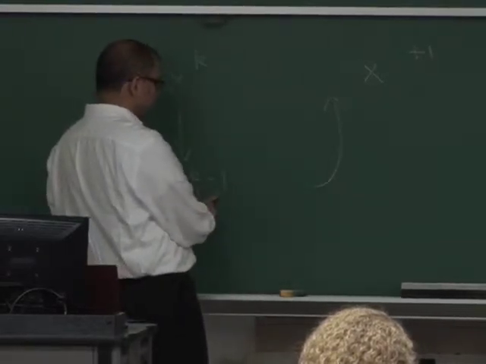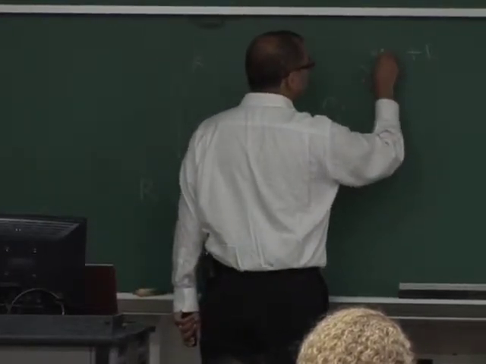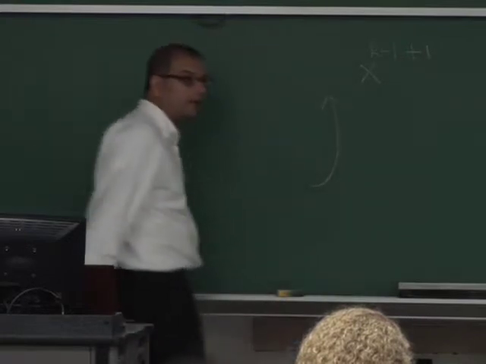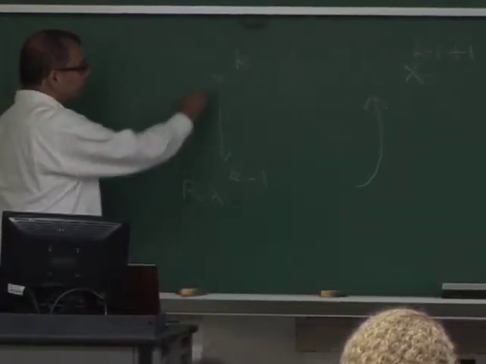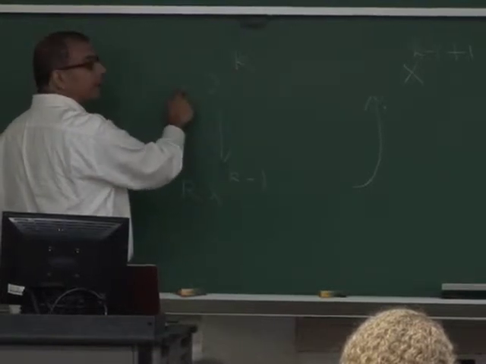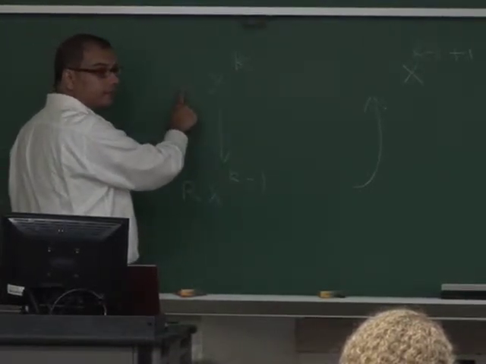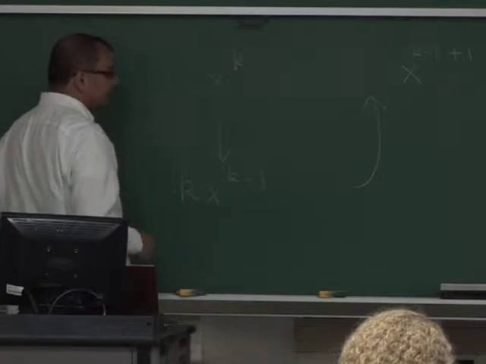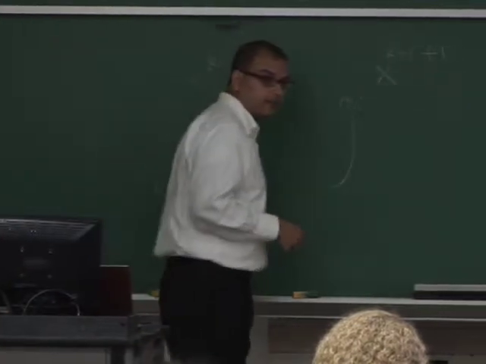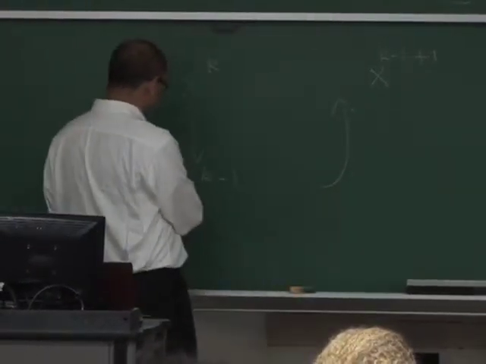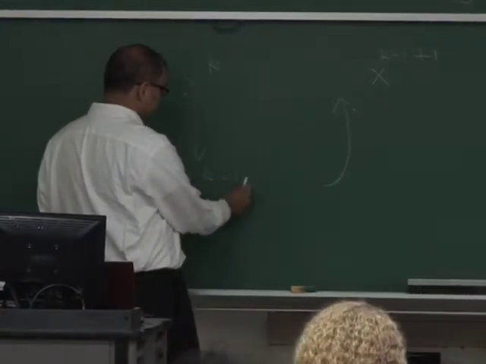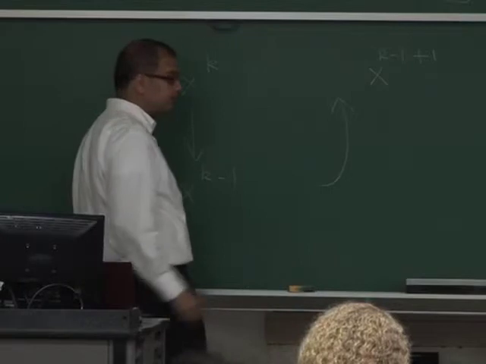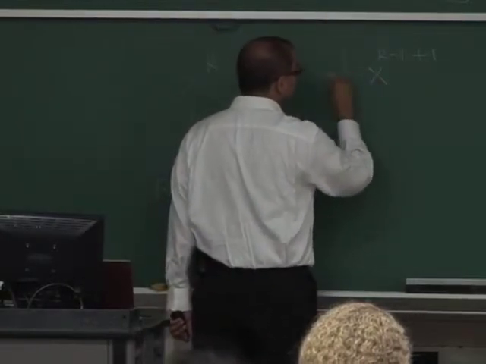If you had k minus 1, you're going to have k minus 1 plus 1. And what you did here was multiply the term by k, so you're going to divide by the exponent.